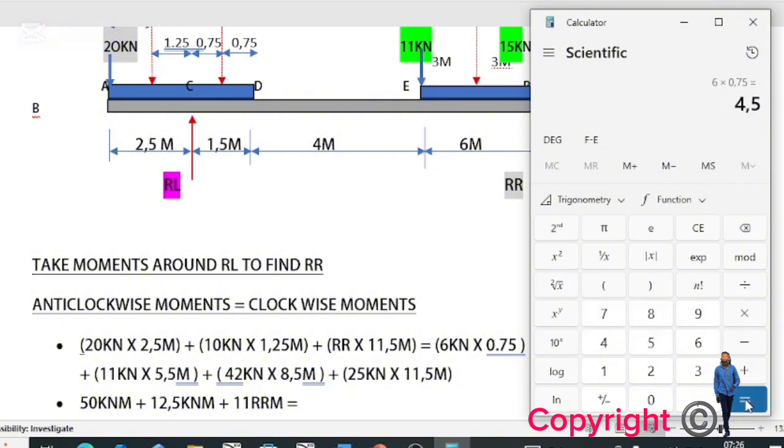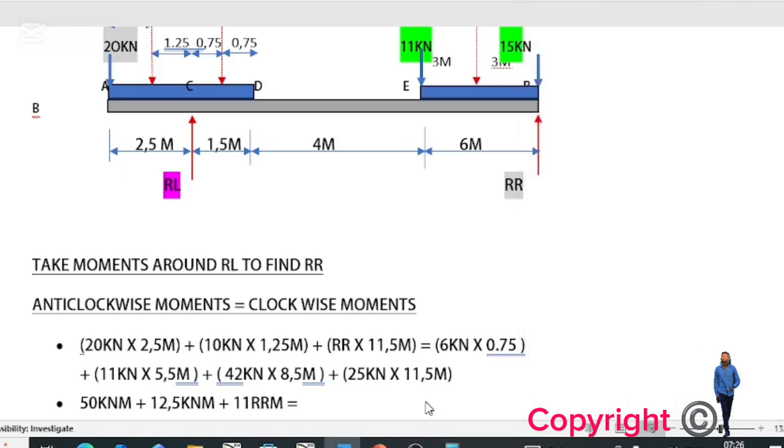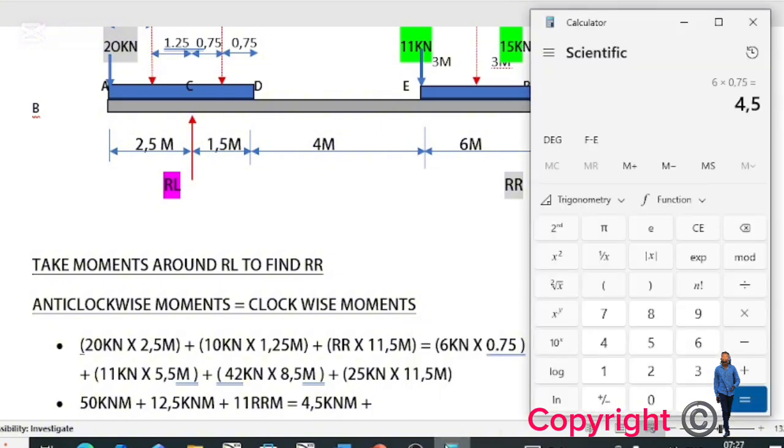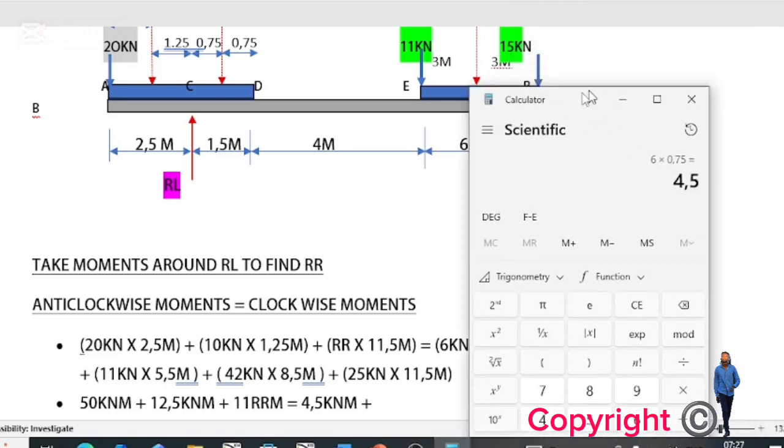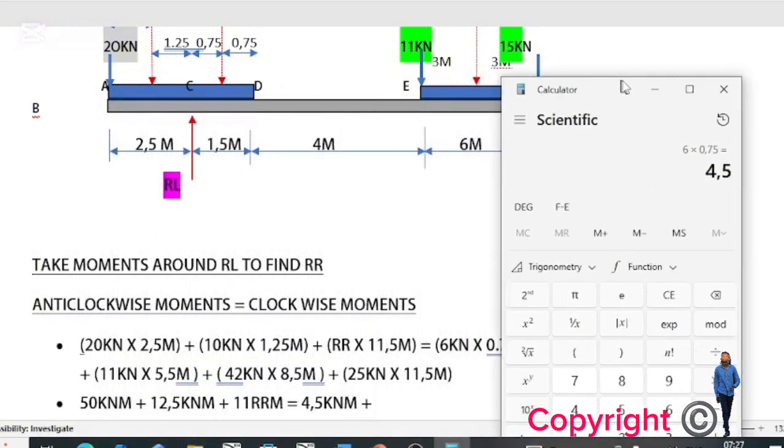This is 4,5 kilonewton meter. Then plus 4,5. Let me check here.